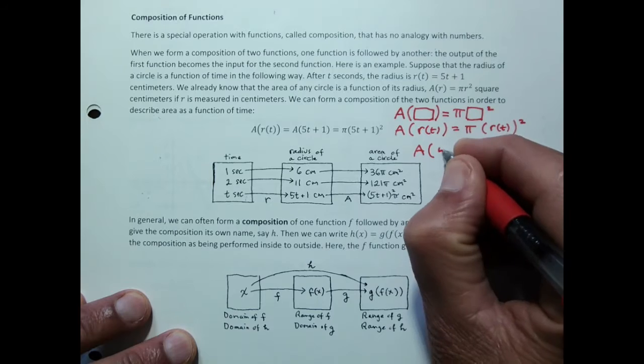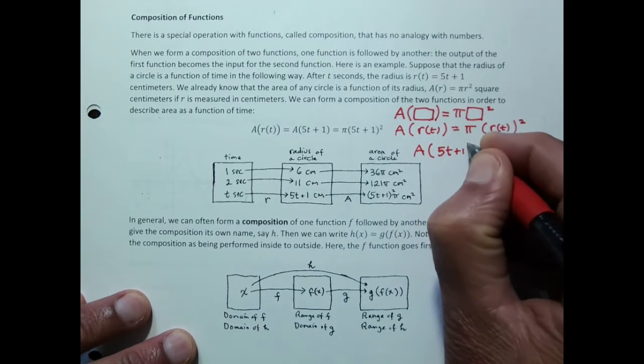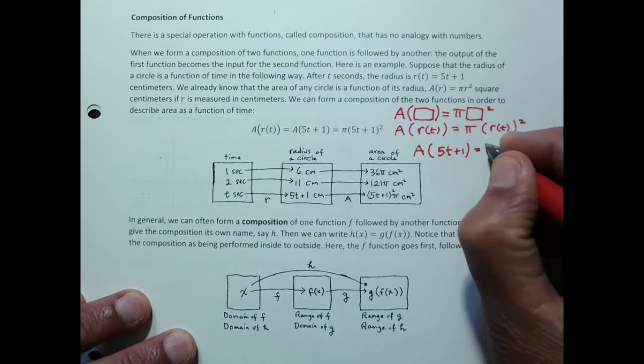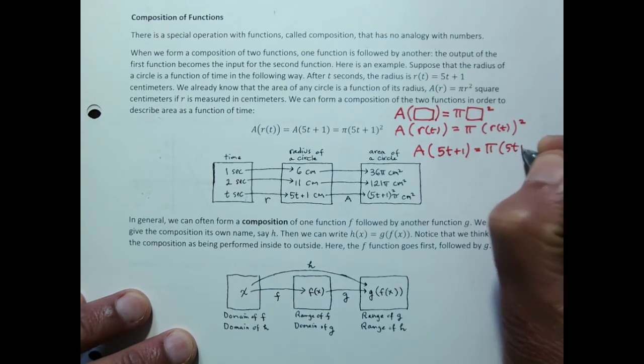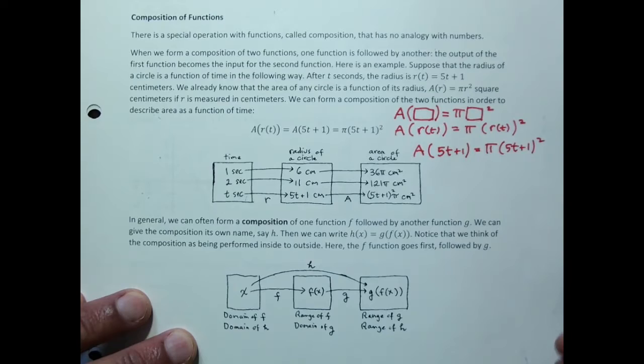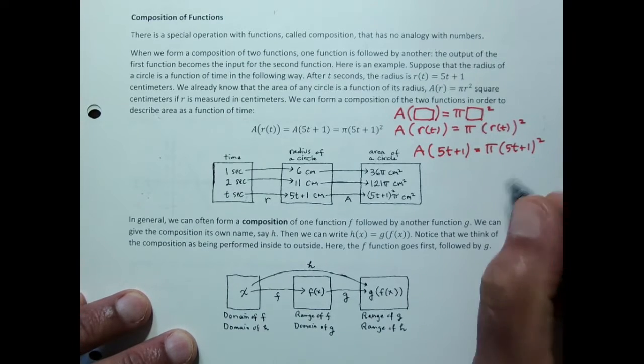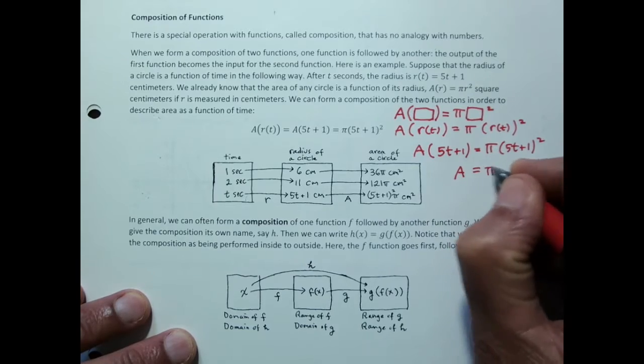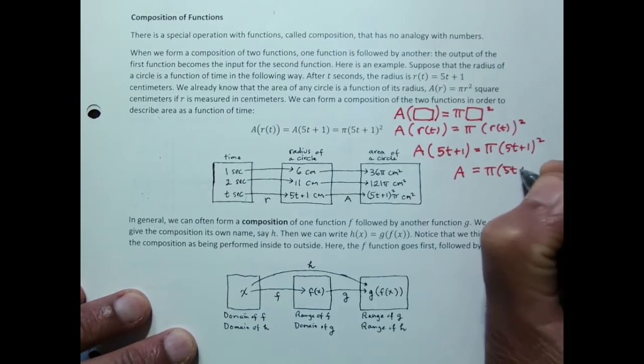A of 5t plus 1 is pi times 5t plus 1 squared. So that's what we mean by the area. If you want, you could just write A equals pi times 5t plus 1 squared.